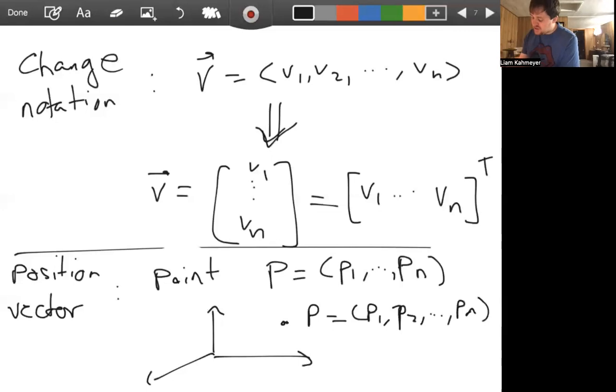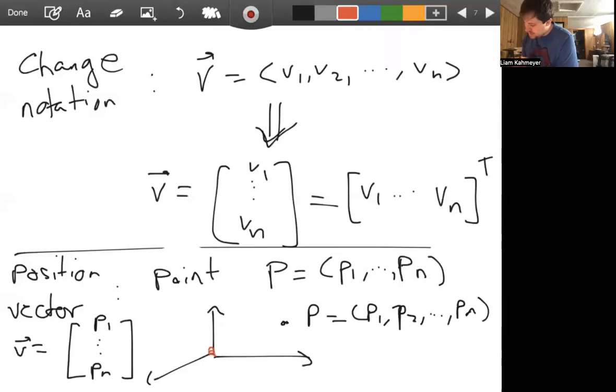Then a position vector is the vector v that has components that are the same as the point. So the first component of the vector is the same as the first component of the point, p1 through pn, right?